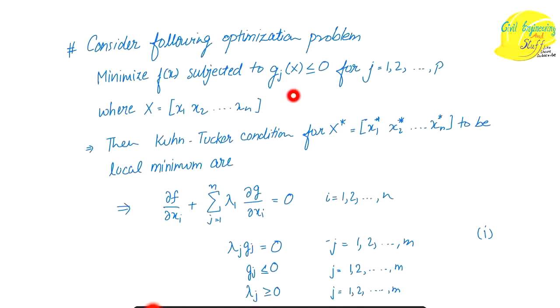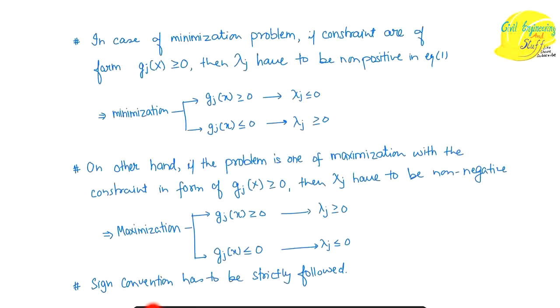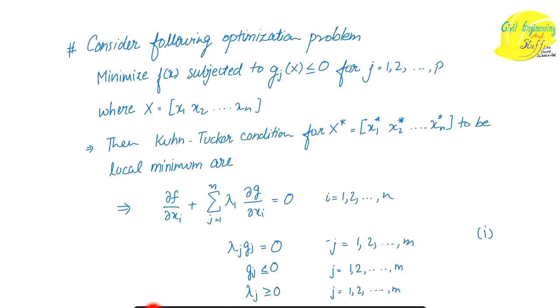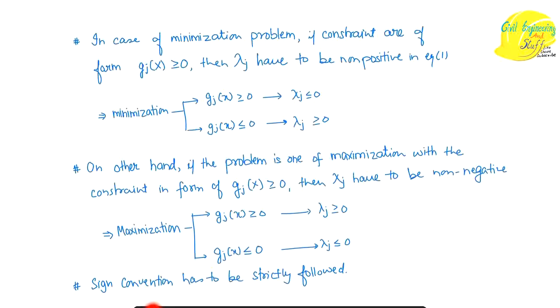If we have a constraint of the type greater than or equal to 0, then instead of less than or equal to 0 we will have greater than or equal to 0, and lambda will be greater than or equal to 0 or less than or equal to 0 depending on whether you are going for minimization or maximization and the type of constraint. If you want to minimize a function and the constraints are of nature greater than or equal to, the condition for lambda will be that lambda should be less than or equal to 0.